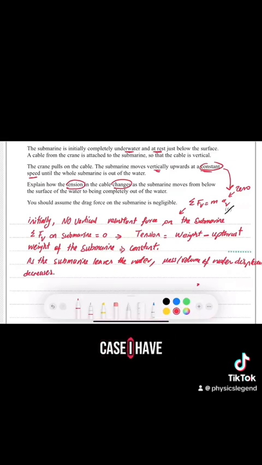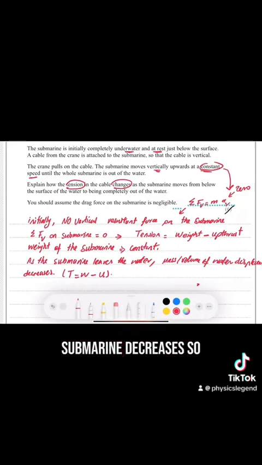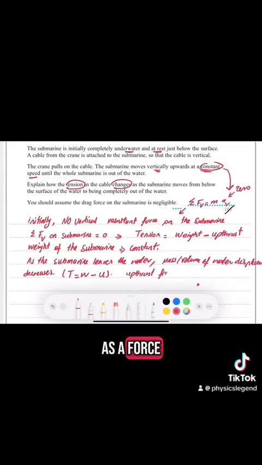In this case, I have to use the equation tension equals weight minus upthrust. Your weight is constant, but the upthrust on the submarine decreases. So the upthrust as a force on the submarine decreases.